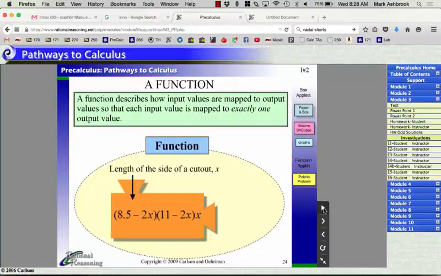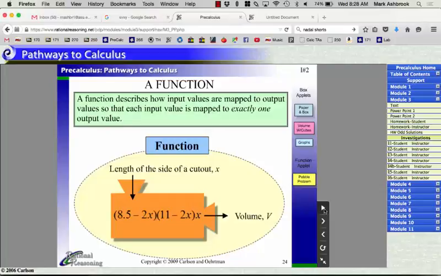And then we've got our formula that then determines, and then that formula produces a volume.